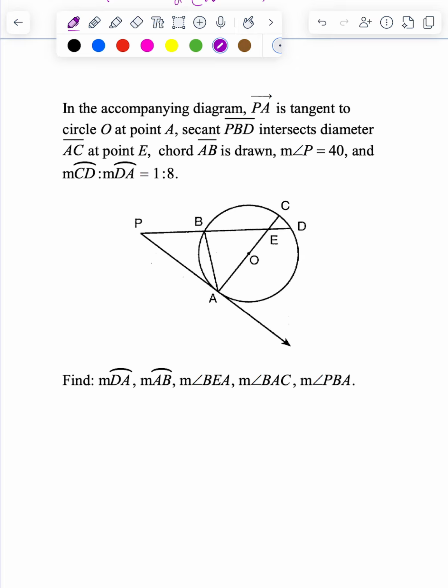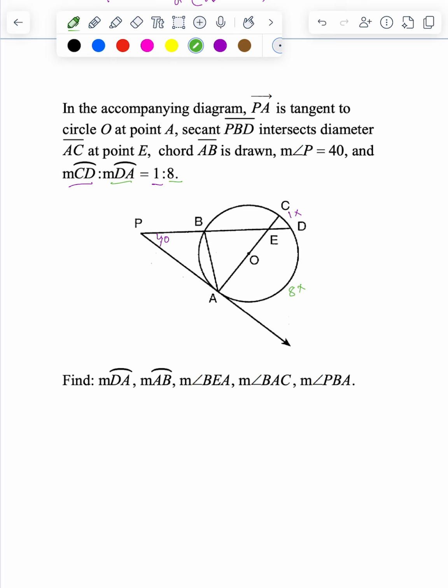Chord AB is drawn. Angle P, so the outside angle, is 40 degrees. And the ratio of arc CD to arc DA is 1:8. So CD is the one part of the ratio, so I can represent it as 1x. And DA is the 8 part of the ratio, so I can represent that as 8x. And if I put the two parts together, the 1x and the 8x part, since AC is a diameter, it splits it into a semicircle.